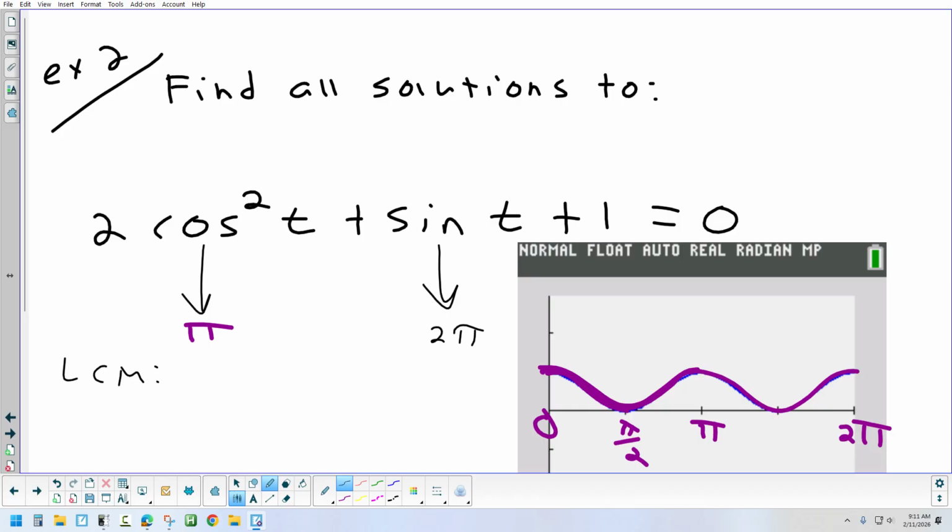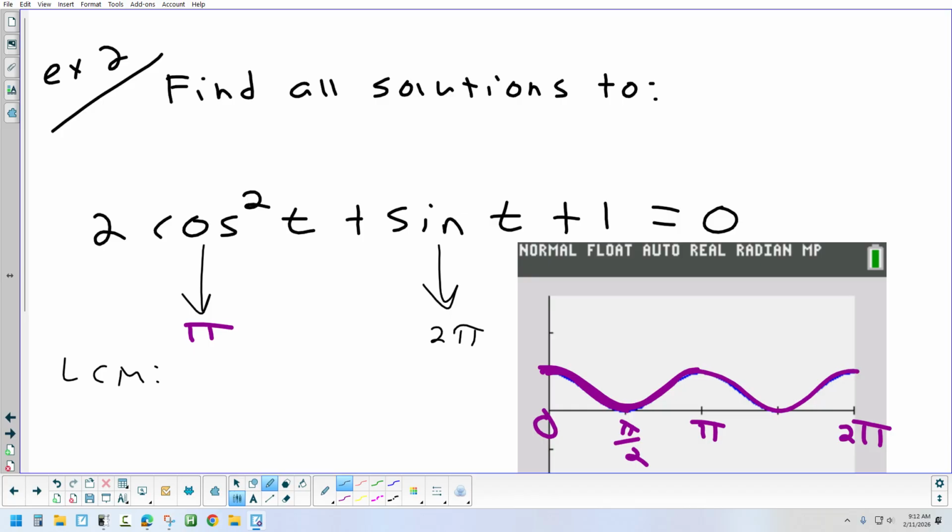What's the least common multiple of 1 pi and 2 pi? How about Marin?